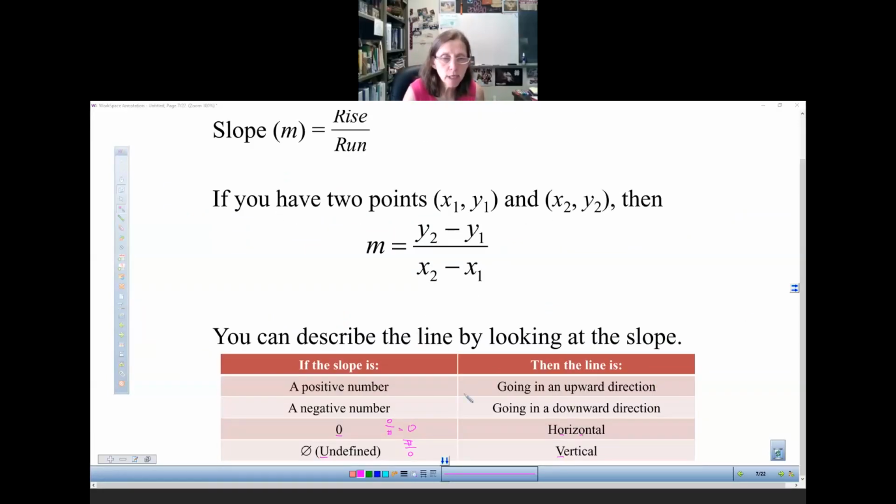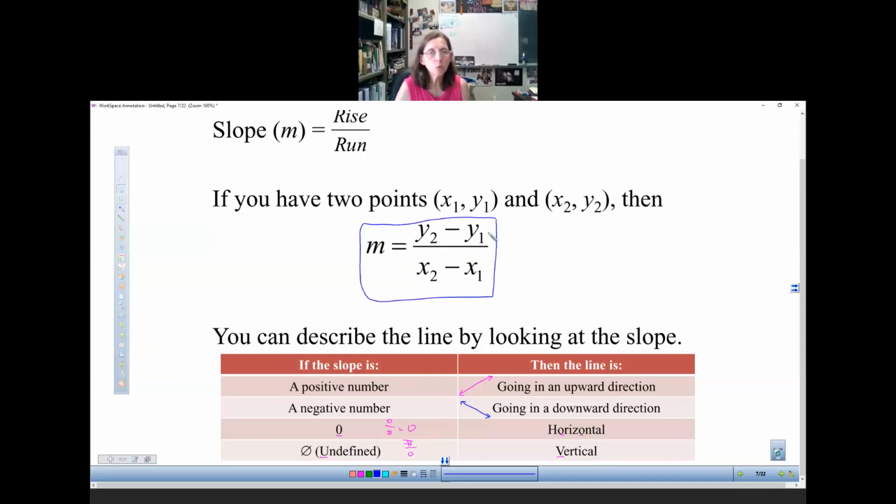It's a line that's going up like this. So the only thing we have left is one which goes down, and that's one that has a negative slope. So we have positive slope, negative slope, 0 slope, and undefined. And we're going to put all of this stuff together. Formula, you need to know this formula. Very important.